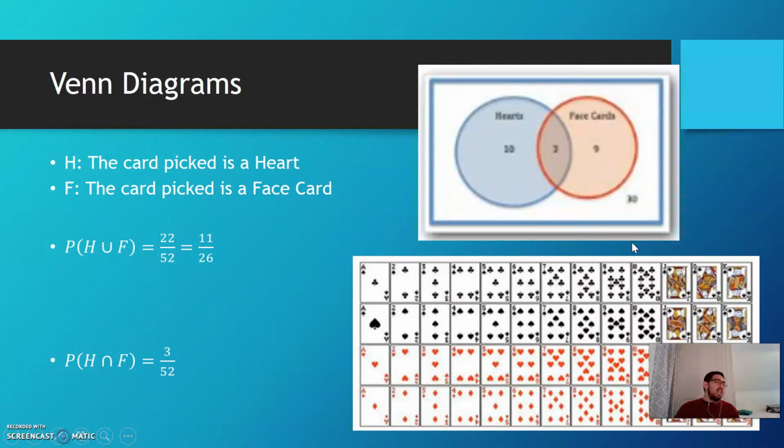A Venn diagram is just another way of displaying the data of union and intersection. Generally, the events are displayed in circles, and wherever their intersection is, the circles overlap, and outside of the 2 circles is not those 2 events, or the complement of those 2 events.